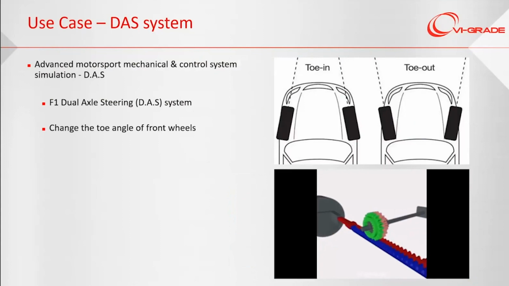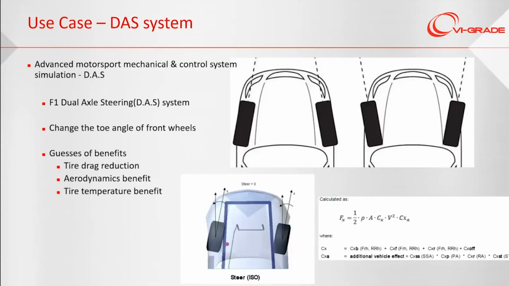As vehicle dynamics engineers, we usually focus more on the benefits of the DAS system. How does it improve our vehicle behavior? Is it helpful to improve the lap time results? So here are some guesses of the benefits according to automotive and motorsport media.